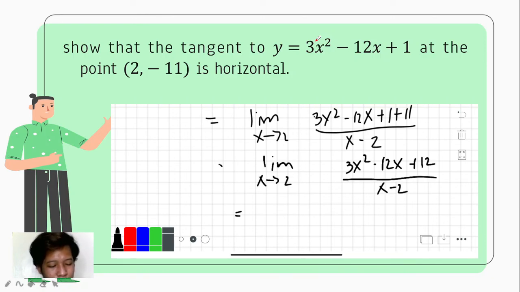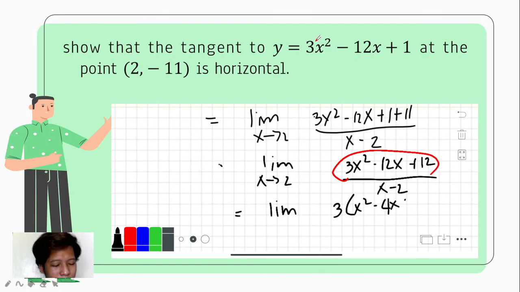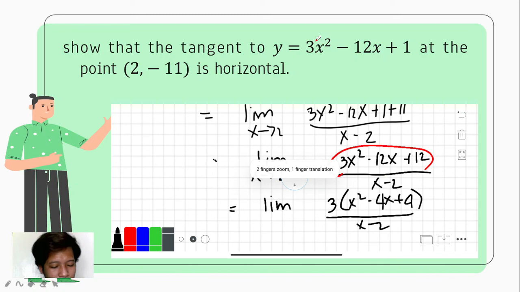Since makikita natin that our numerator is factorable, then we can factor it out. We have the limit of 3 times x squared minus 4x plus 4 over x minus 2 as x approaches to 2.